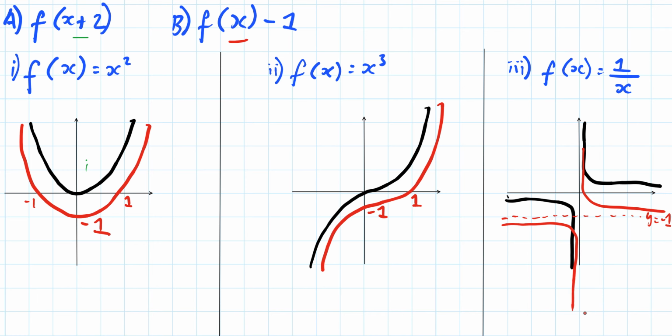Where it crosses the x-axis here is going to be 1. It's going to cross the x-axis here at positive 1. Okay, and that's it for that.